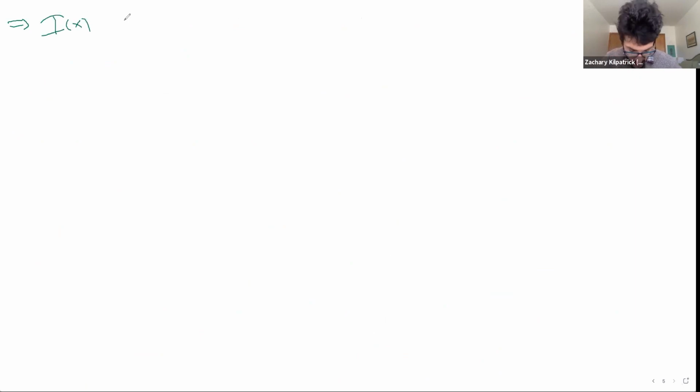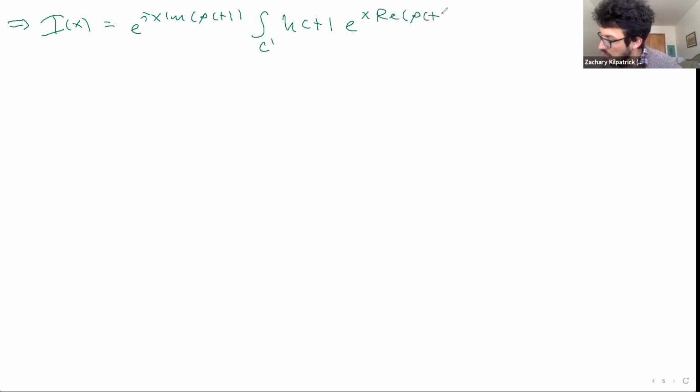The idea now is that I of x is going to equal I x, the imaginary part of rho t, is actually rho t, C prime h of t e to the x real part of rho t dt, okay? This is going to be our contribution from the deformation process.